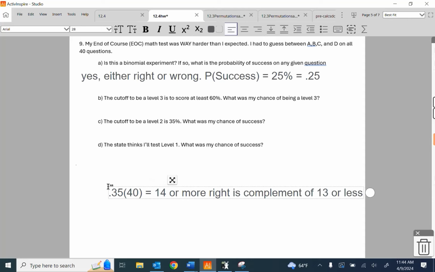Keep that in mind. So to find this one, we're going to do kind of the same thing. It's going to be 1 minus binomial CDF, 40 trials, probability of success 0.25, 13 right.